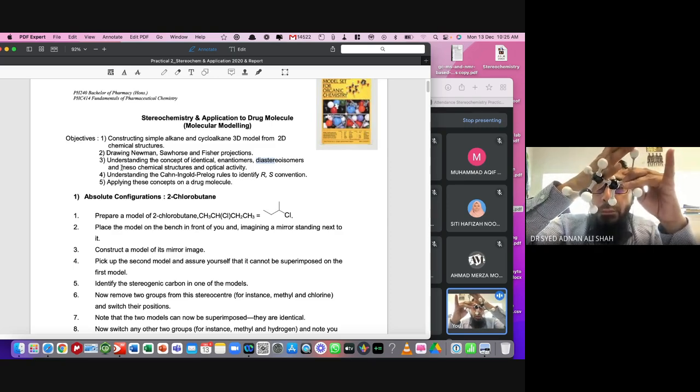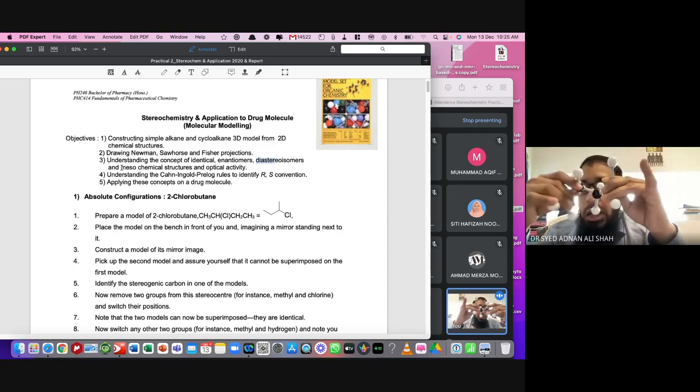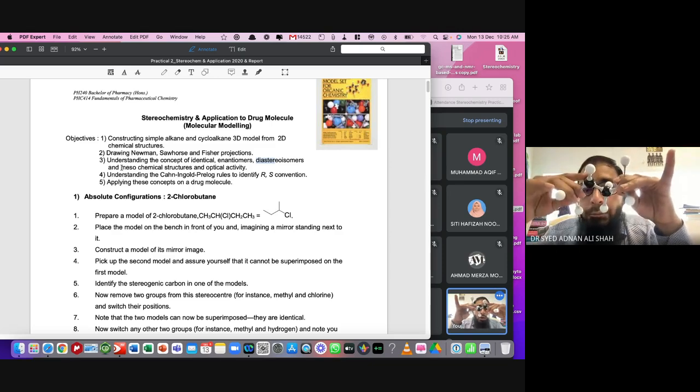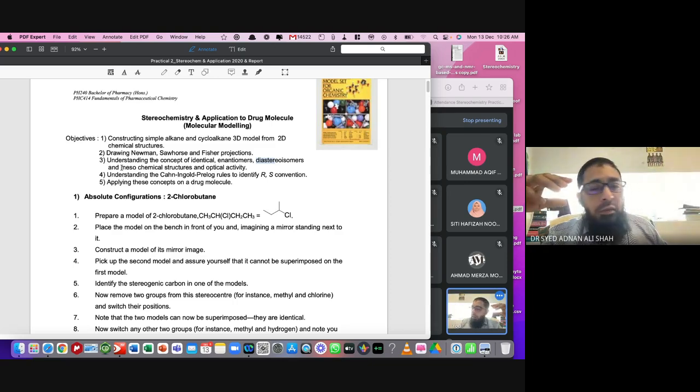If they have the plane of symmetry, they are called meso compounds. So this is how you can see the enantiomers, diastereomers, and meso chemical structures.